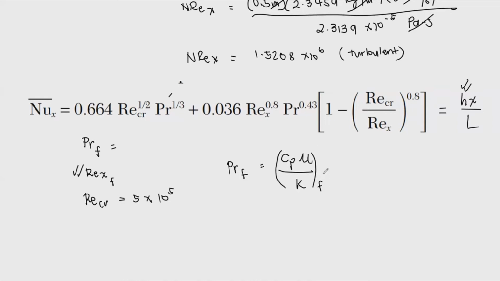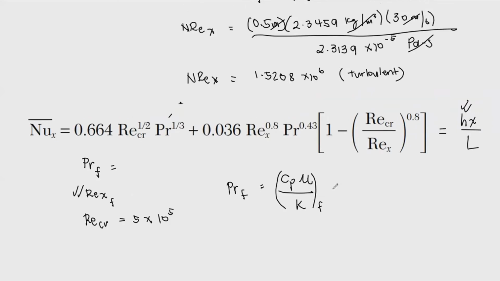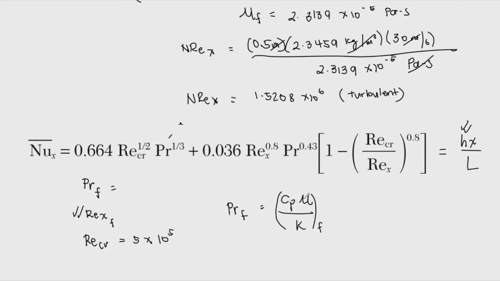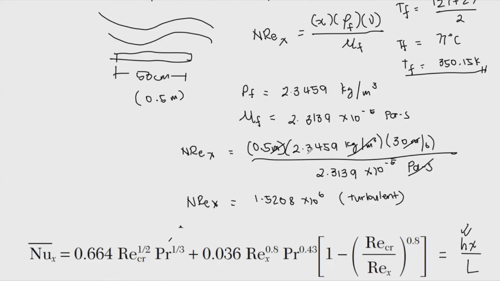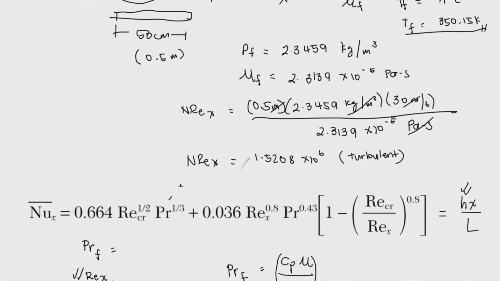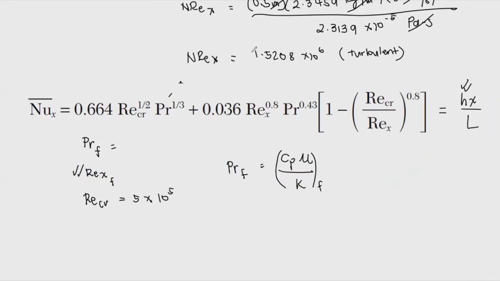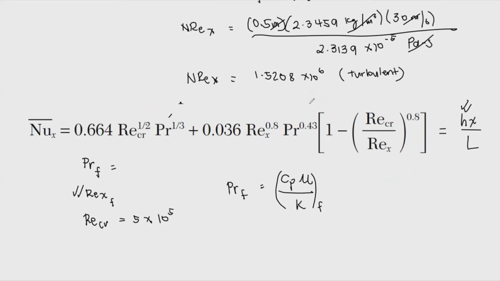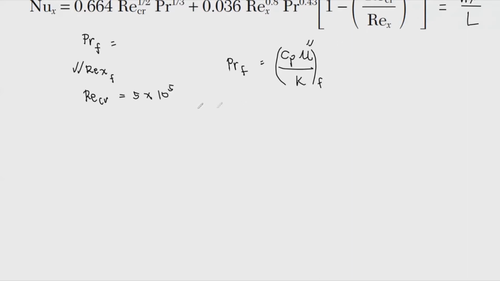We don't have to find the dynamic viscosity at the film temperature since we already obtained it. Now we're only left with the specific heat capacity and the thermal conductivity. So we need to find Cp at film and k at film.